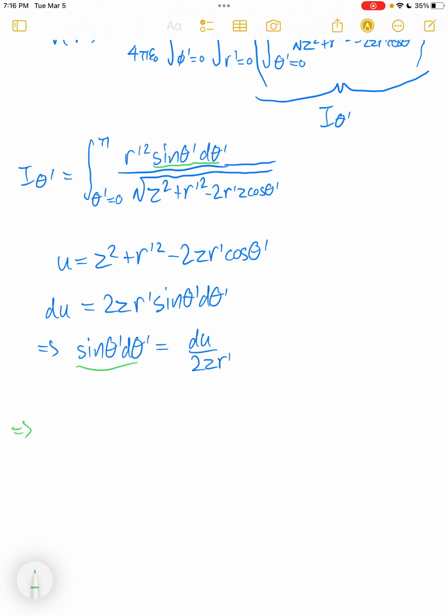Okay, so let's rewrite this. And before I do, let's define the limits of integration. When theta prime is equal to pi, u is equal to this, which will be the upper bound of integration, the upper limit.